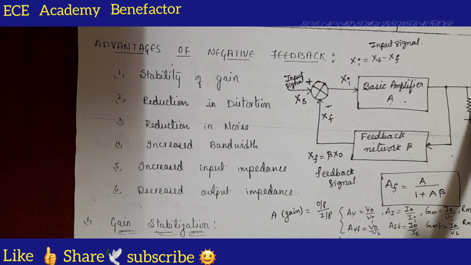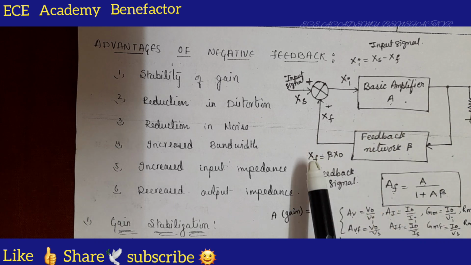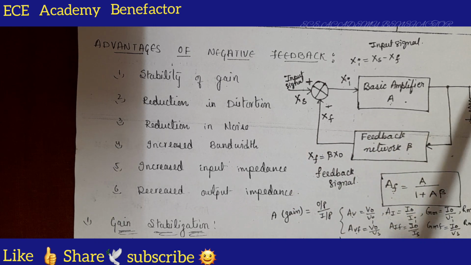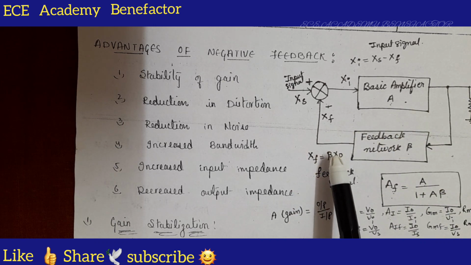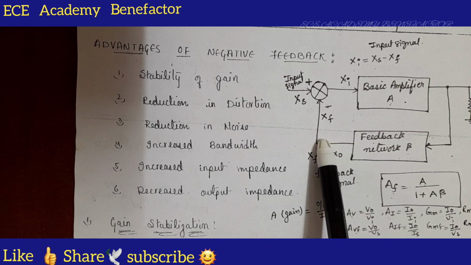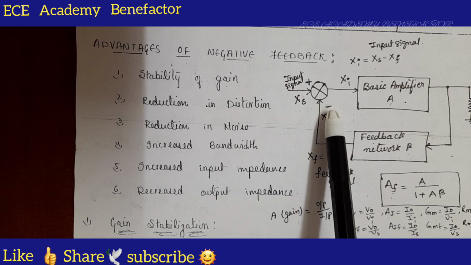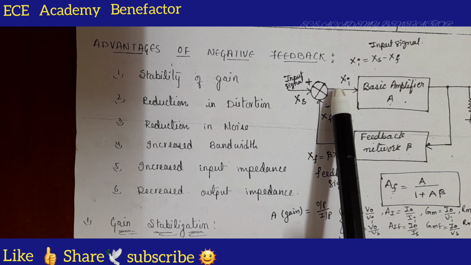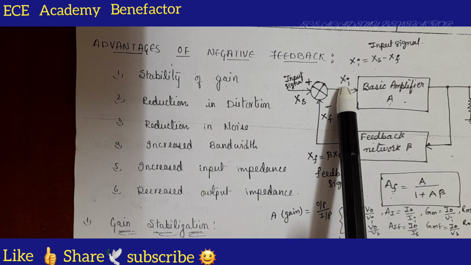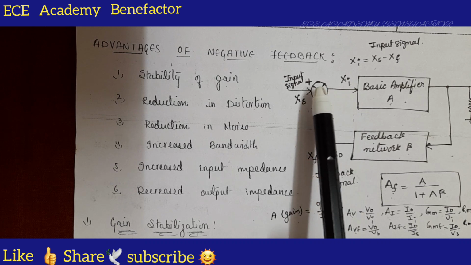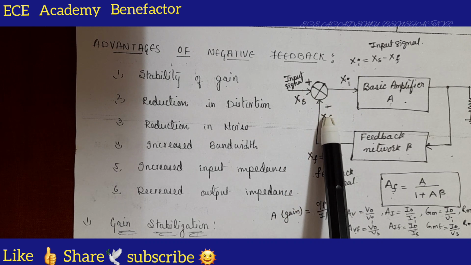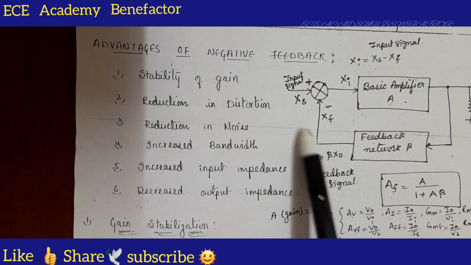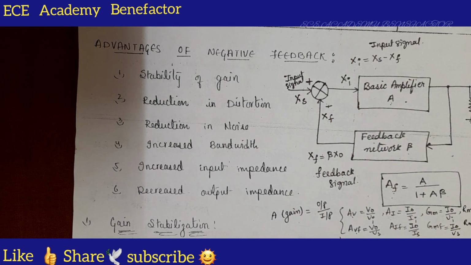If you designate the output signal by X naught, Xf will be equal to beta times X naught, given to this mixer circuit in opposite phase, which is shown by the minus sign, and the input going to the amplifier is designated by Xi, which is the difference between Xs minus Xf. So this is the block diagram of negative feedback amplifier.